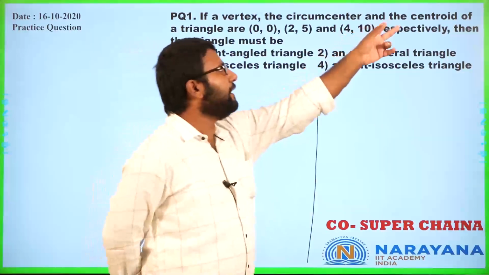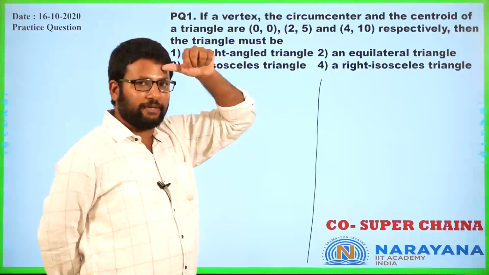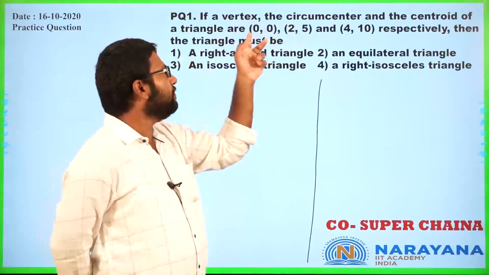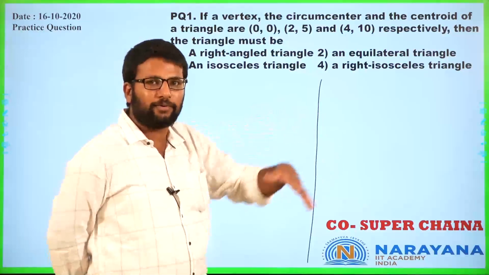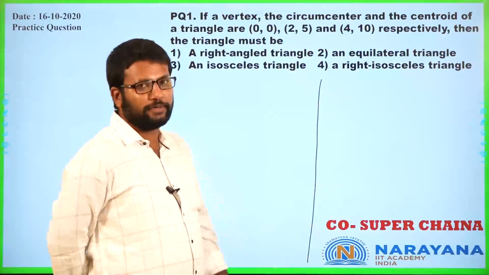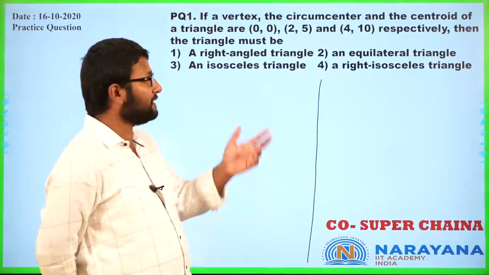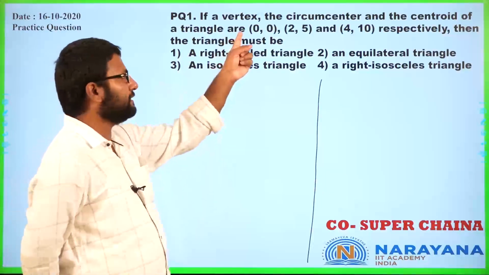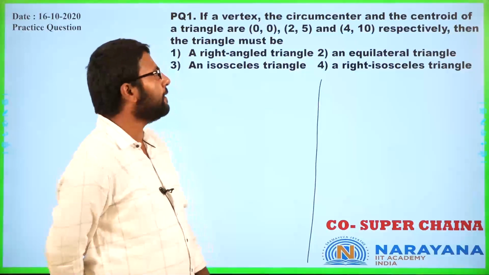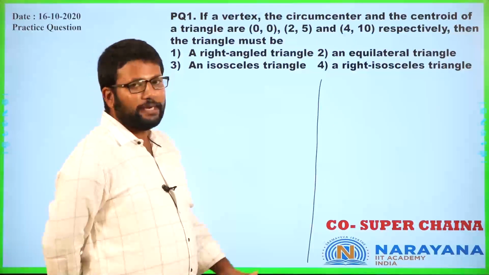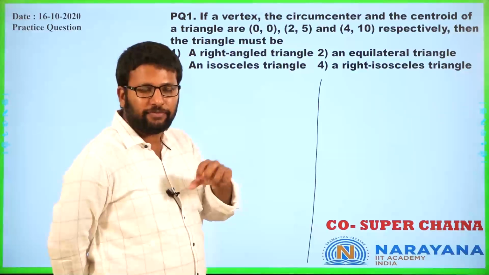Now, with centroid, if the third vertex was given, then with 2 vertices and centroid, maybe we can find a third vertex, then maybe we can figure out. But the third vertex is not given. Forget third vertex. Even second vertex not, only one vertex is given. Circumcenter, we know there is no fixed formula for circumcenter, right? So clearly this is not one of those typical questions where you have to find the numbers.